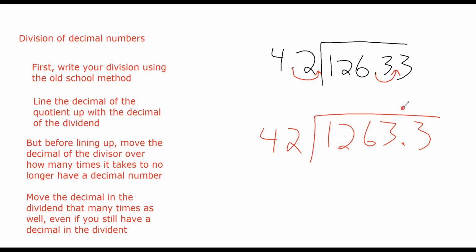And so then I would line up my decimal. Once I do the division, I've dealt with the decimal point. So then I just do division as if I was dividing 42 into 12,633. Does that make sense? Decimal point's already been taken care of.